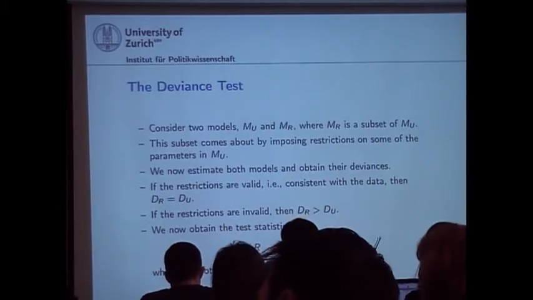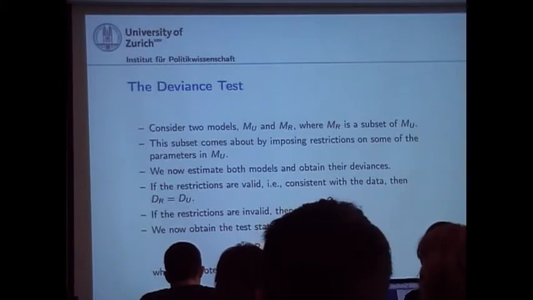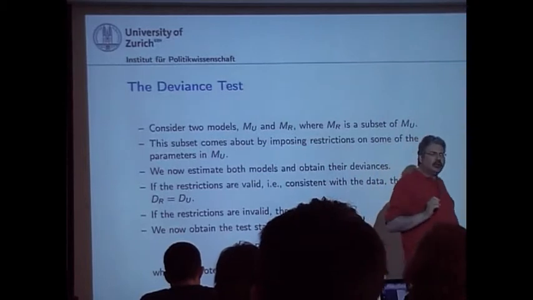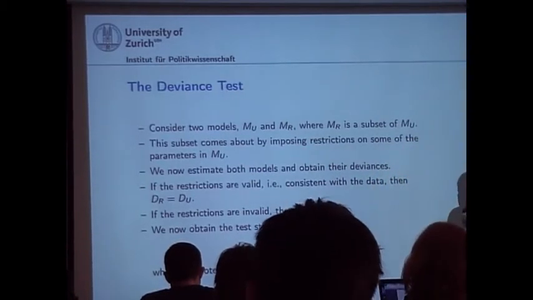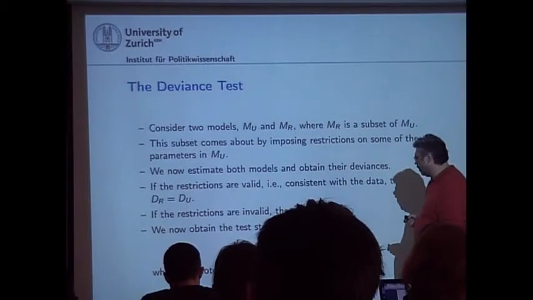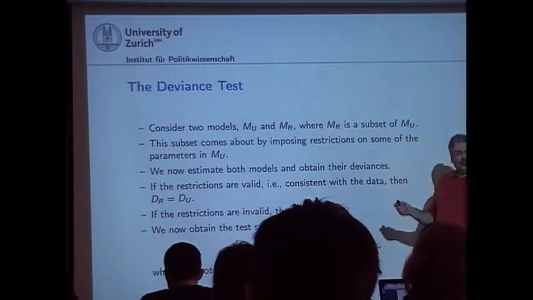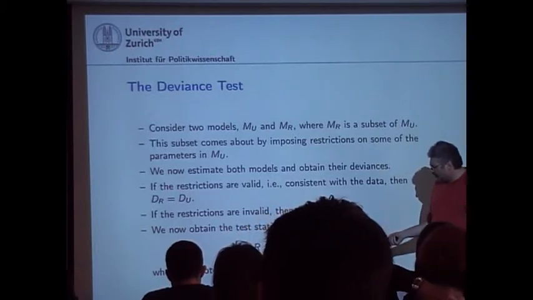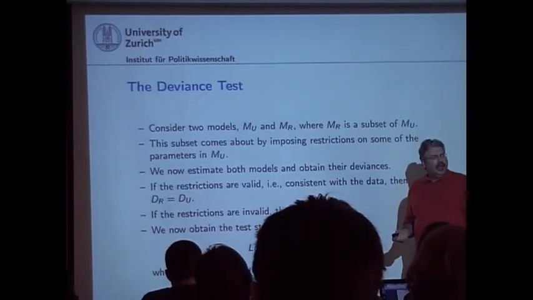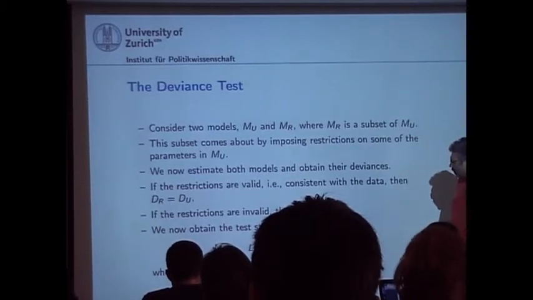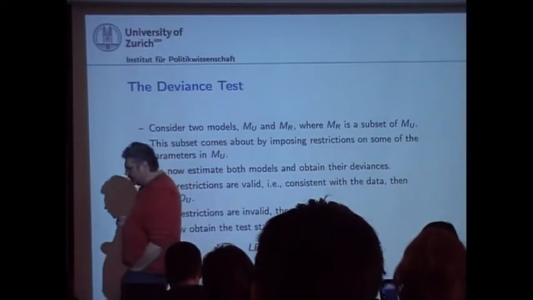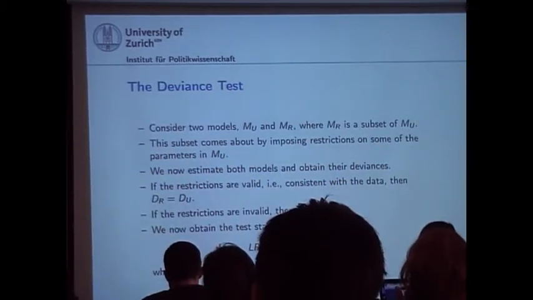If the restrictions are not valid, then the deviance of the restricted model should be bigger, the fit should be worse than the deviance of the unrestricted model. To turn that into a test statistic, we just take the difference between those two, DR minus DU, and asymptotically that follows a chi-square distribution, where the degrees of freedom are the same as the number of restrictions that I have imposed.